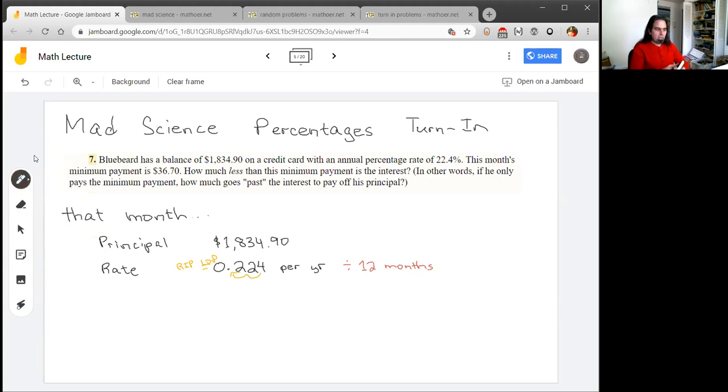So what is that? I have to take out my calculator, 0.224 divided by 12. Okay, if I wanted to write that as a percent, I could write it as 1.86666%, but I'm going to multiply them anyway.